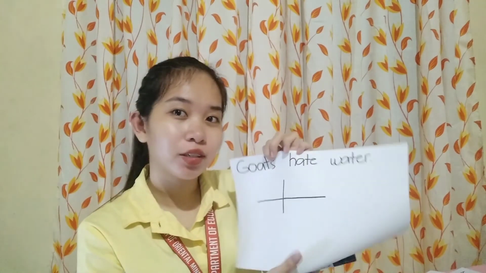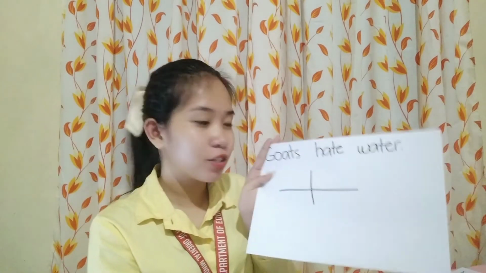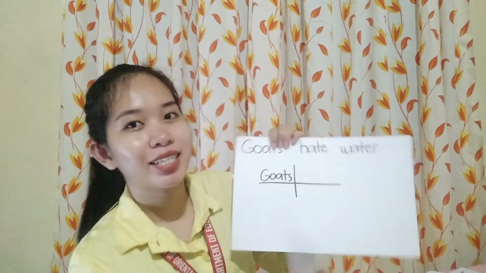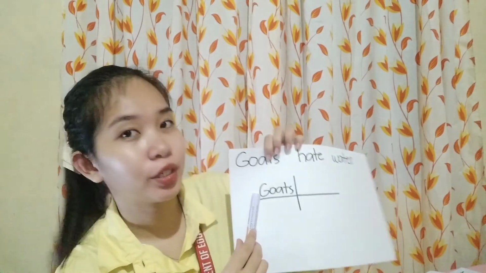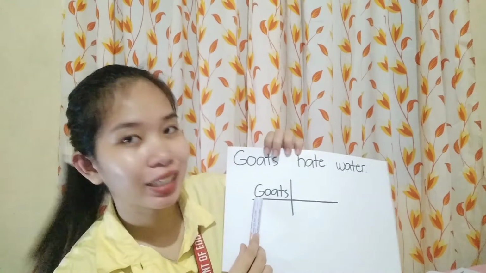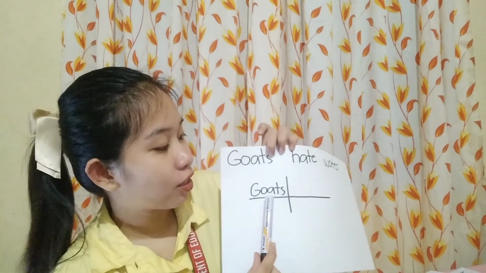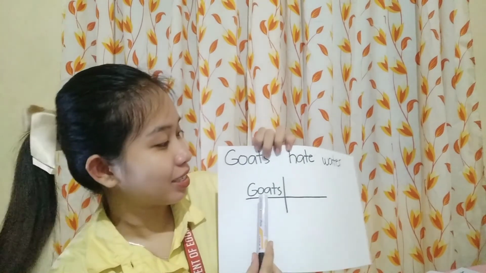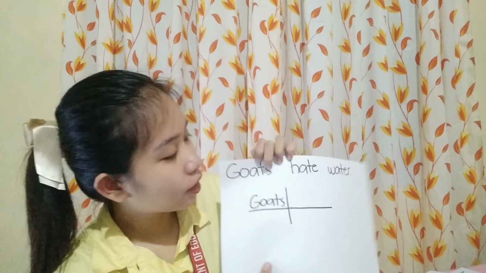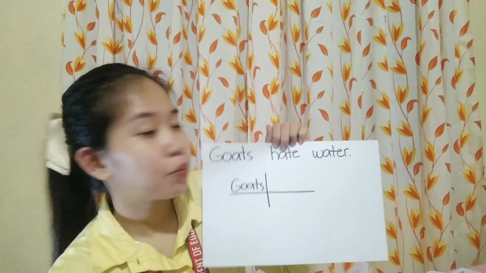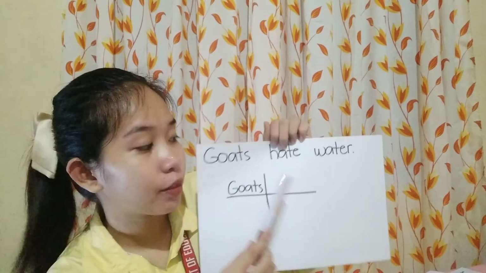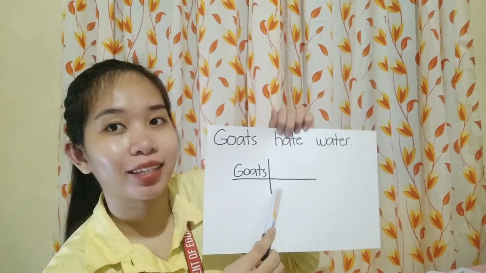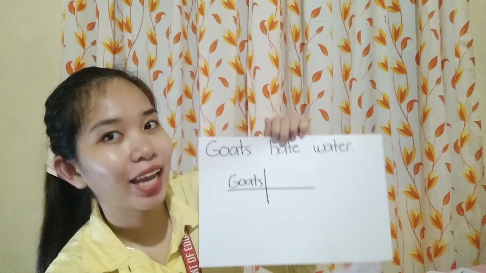So we are going to write the subject here. Let's take note that the first word of it is capitalized because the word itself is the beginning of the sentence. The predicate will be placed right after the vertical line that intersects the horizontal line.